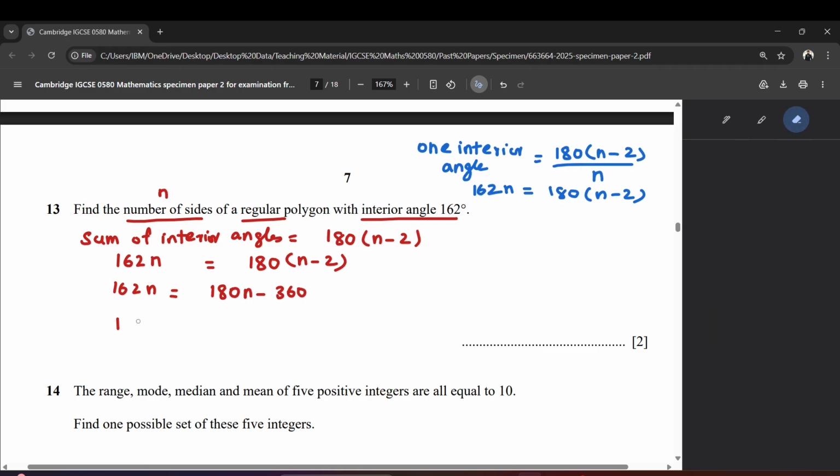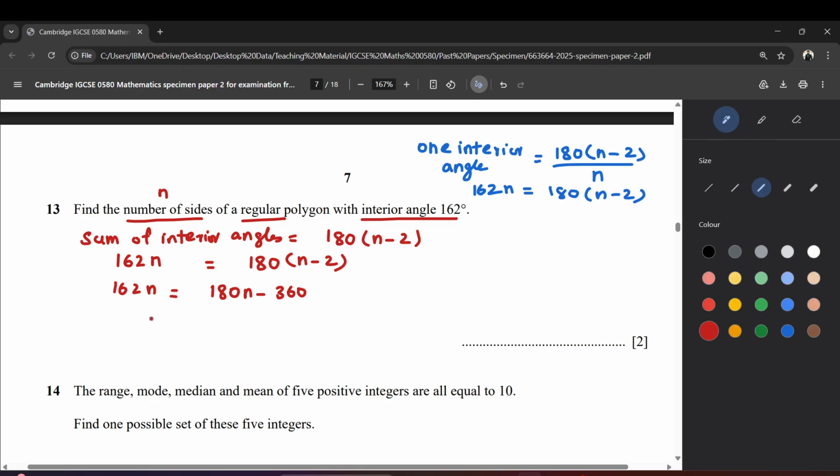Let me just write it in this way. 360 equals 180n minus 162n. So this will be 18n equals 360. Therefore, n is equal to 360 upon 18.